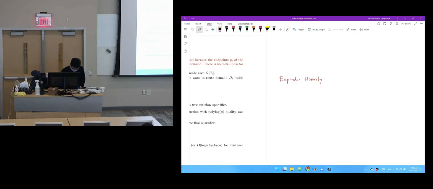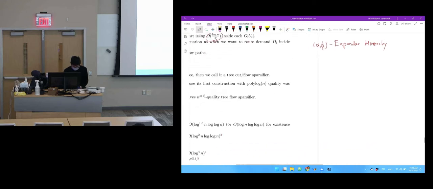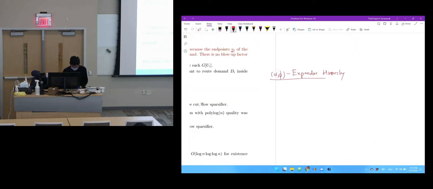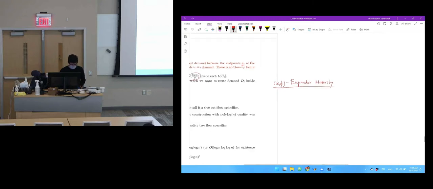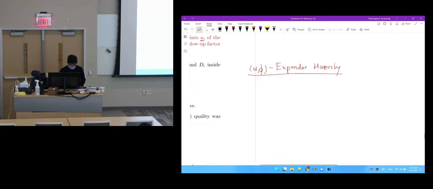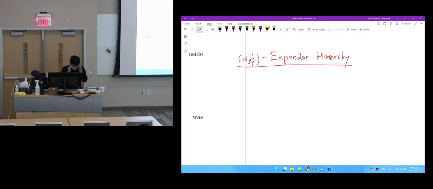I have defined something that I call alpha phi expander hierarchy, and this is a hierarchy that we can obtain from what? Anybody?